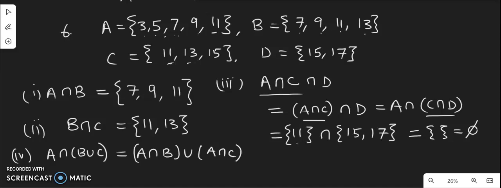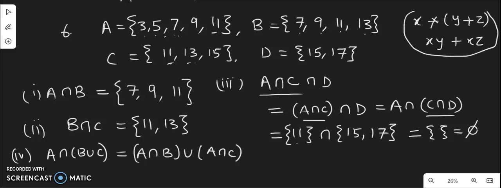And I can give one simple example. You have something like x times (y plus z). So you write something like x times y plus x times z. So multiplication is distributive over addition. In the same way you can say that intersection is distributive over union.